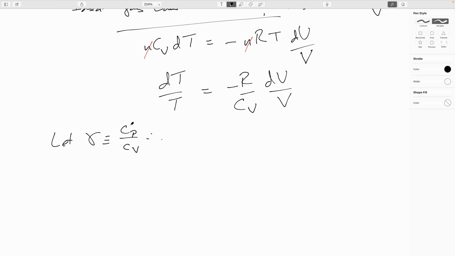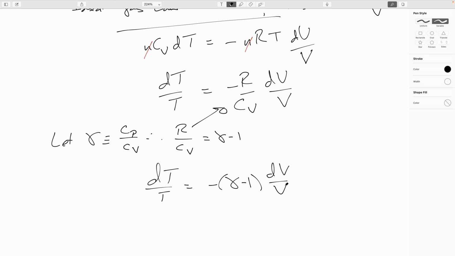And since the difference of these is just R, I can observe that R over Cv is equal to gamma minus 1. So I'm going to go ahead and put that in there, and that will make a little more sense. Now I have dT over T is equal to minus gamma minus 1 dV over V.